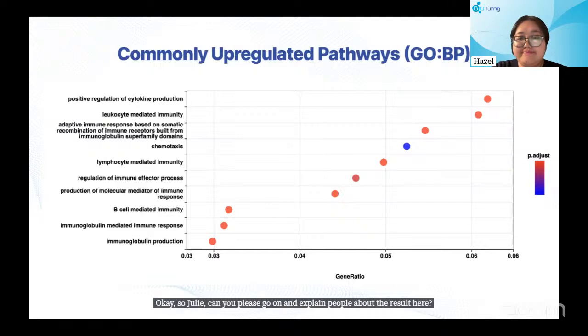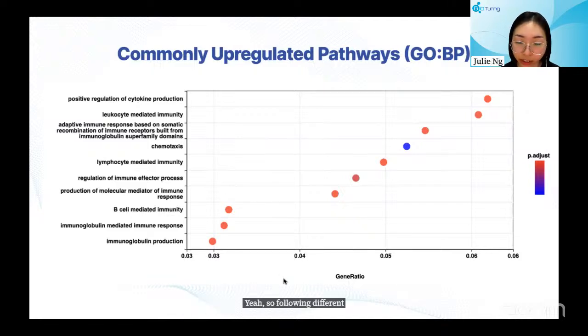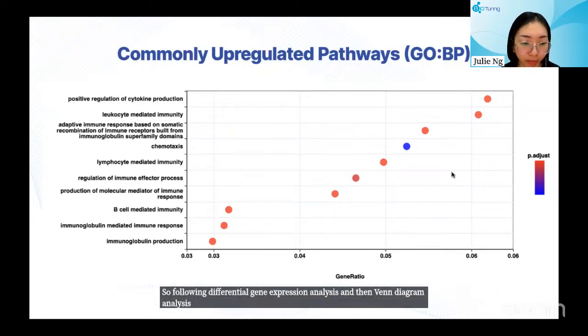Yeah. So following differential gene expression analysis and Venn diagram analysis, we can further perform pathway analysis to understand the functional implications of some of the most commonly dysregulated genes. The slide right now is showing enriched pathways in the GO Biological Processes database.